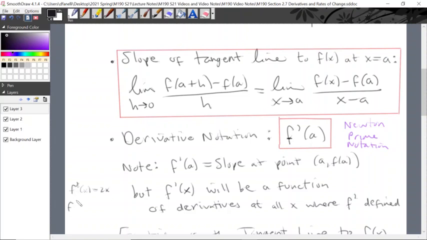But when you see something like f prime of 1 is equal to 2, which is what we would get by plugging 1 into this, notice this is a number. So this is interpreted as the slope of the tangent line to the function f of x, whichever function that may have been, at the point where x is equal to 1. This is a number, and that's what we're talking about finding right now. F prime of a, so that's a specific number. We are not yet talking about this.